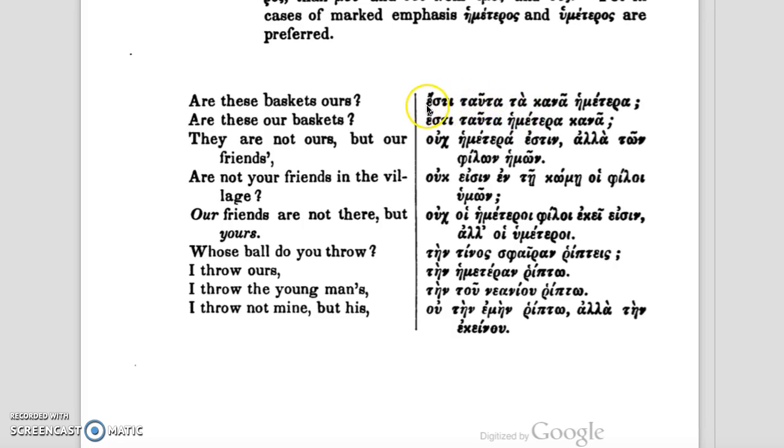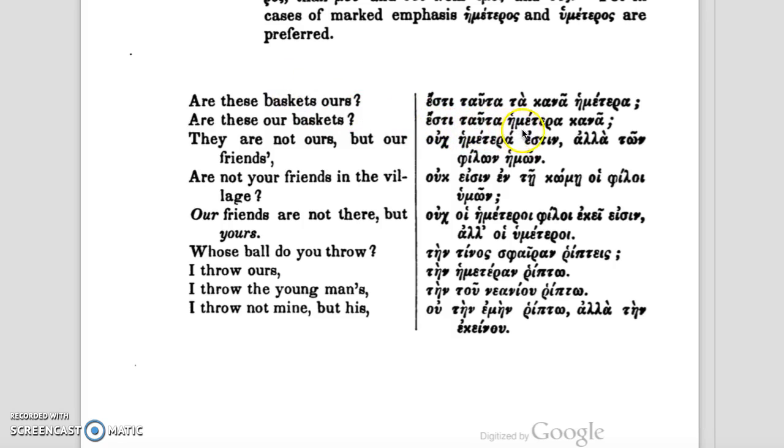So we said, is this or is these the baskets ours? Are these baskets ours? All right, look at these next example. Notice the different emphasis. This one is asking whose are they, and this is wanting to know more about these baskets. So it's a slightly different emphasis.